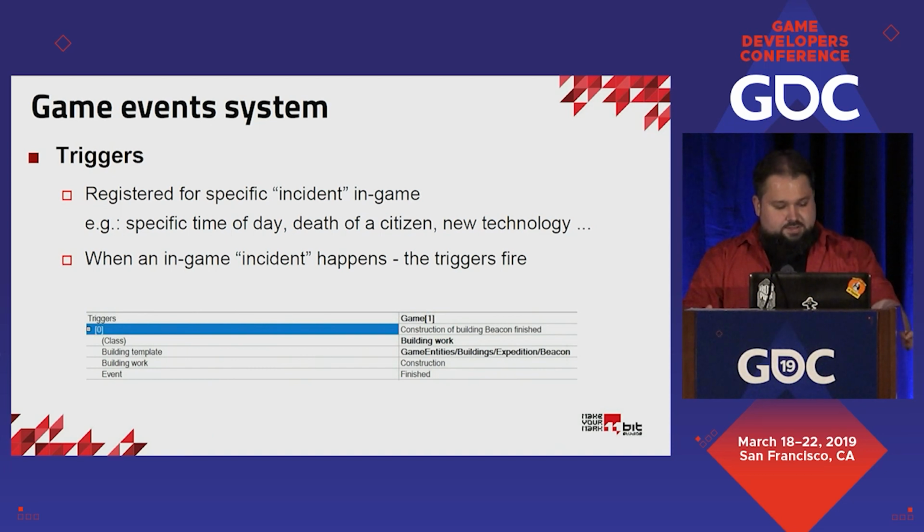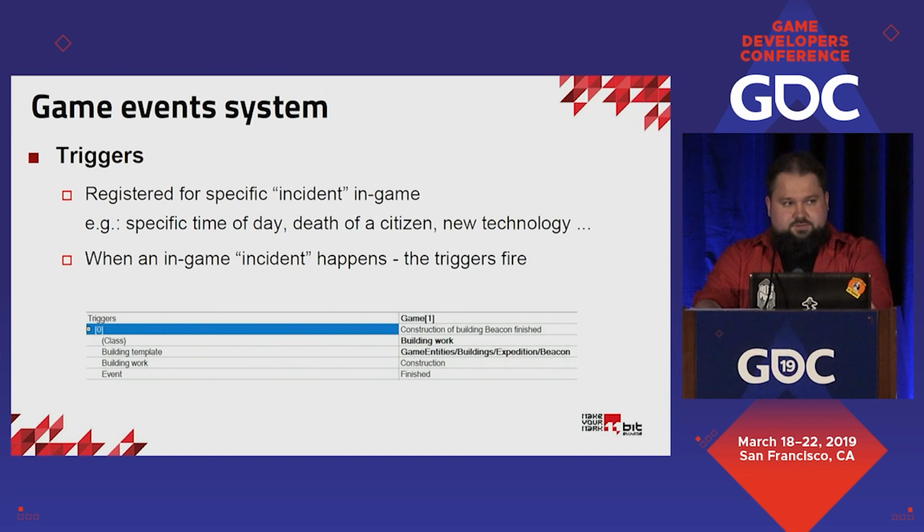Here you've got an example from our editor, a trigger that is named construction of building beacon finished. Its class is building work. The specific building is beacon. And the event occurs when the construction is finished. So the designer is able to configure the trigger a bit to be specific about when the trigger fires.